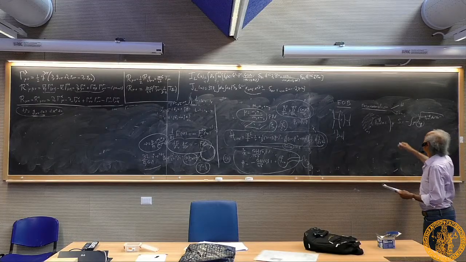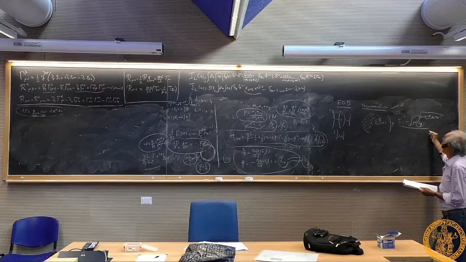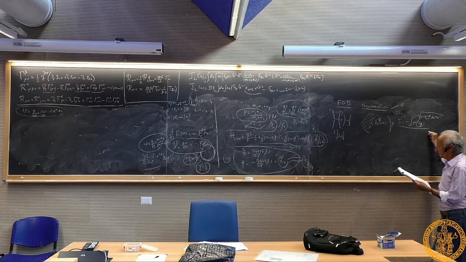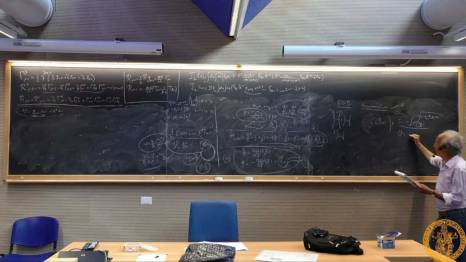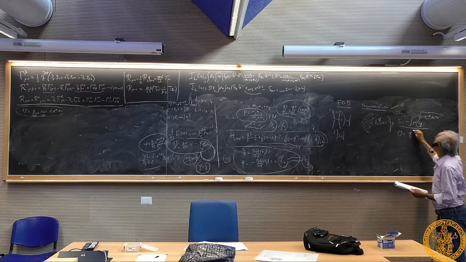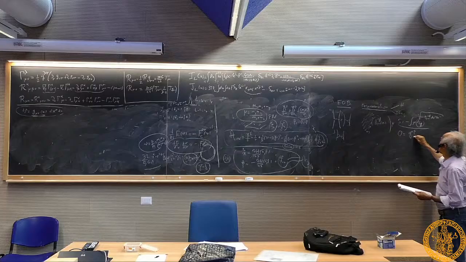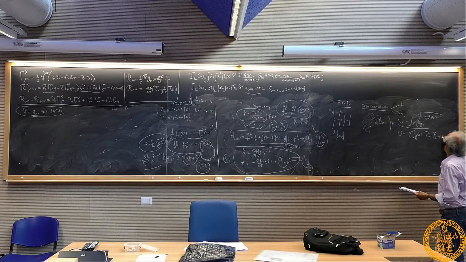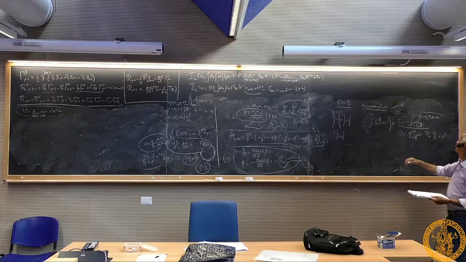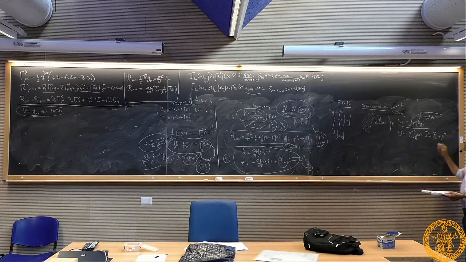Now, this is the action for a geodesic. The corresponding Hamilton-Jacobi equation, or mass shell condition, says that the inverse of the effective metric, G effective inverse alpha beta, times P alpha P beta, plus mu squared must be equal to 0. This is the mass shell condition.